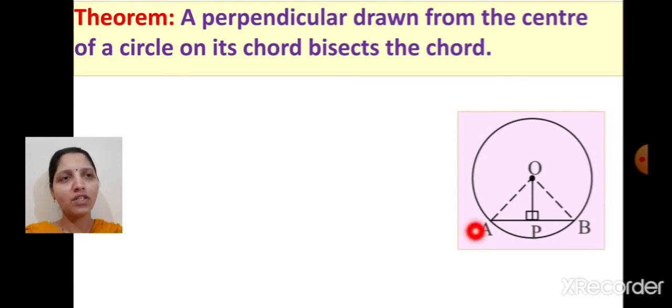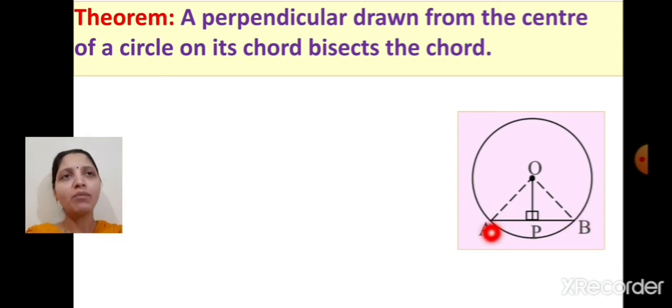So if you consider this figure, here in this circle, center is point O and segment OA and segment OB, these are two radii of this circle, and segment AB is the chord of this circle.